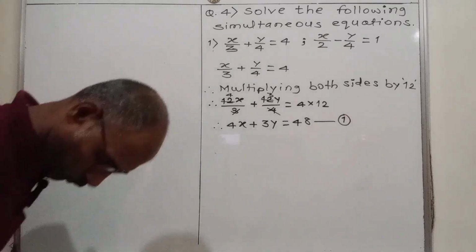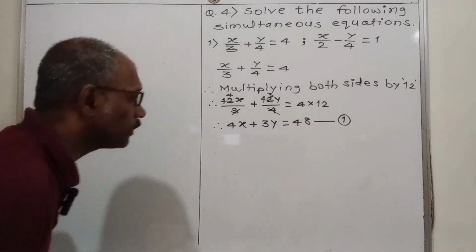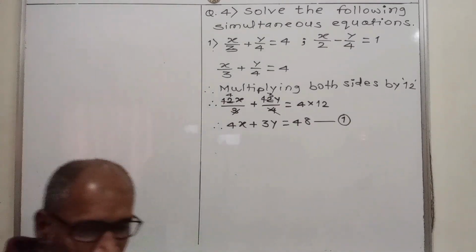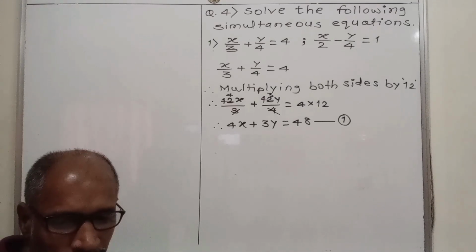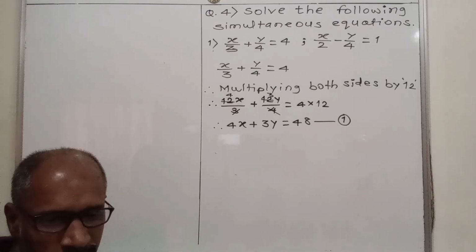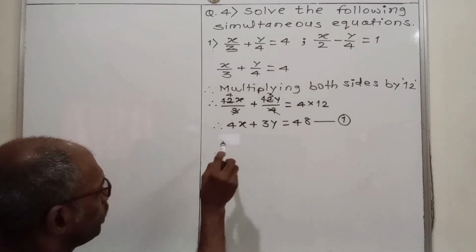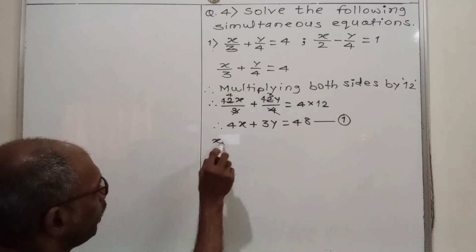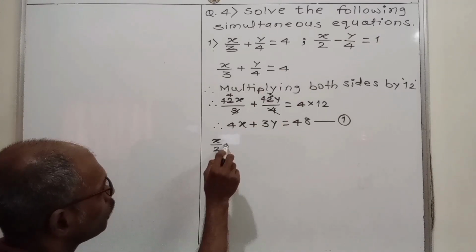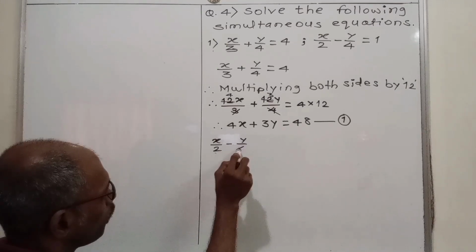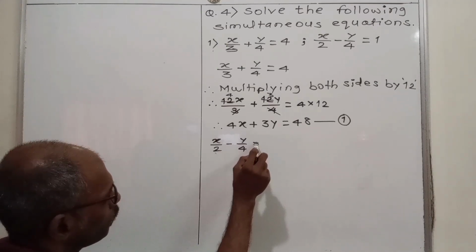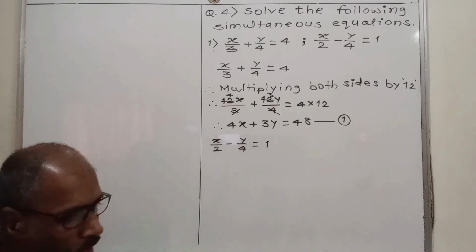This is our equation number 1. See here, denominator is not here. We have eliminated. Now we take another: x upon 2 minus y upon 4 is equal to 1.